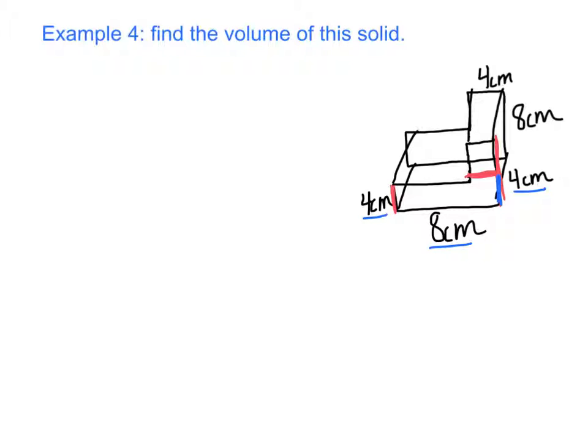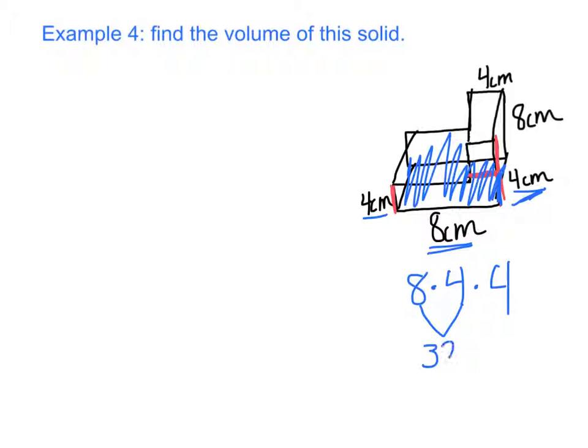Okay, length is 8, the width is 4, and the height is also 4. So to find just this bottom piece down here, the volume of that would be 32 times 4, which is 128 centimeters cubed.